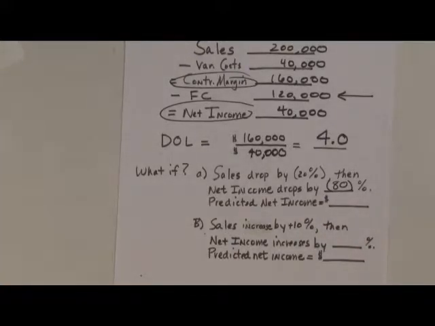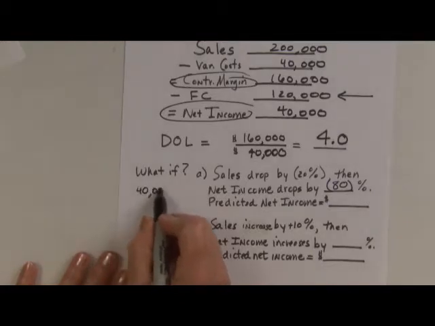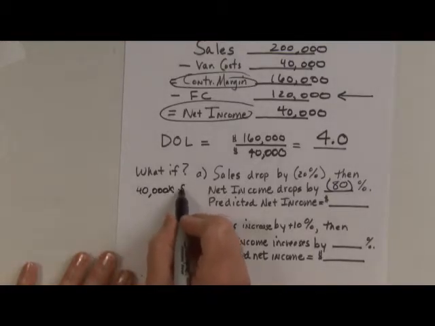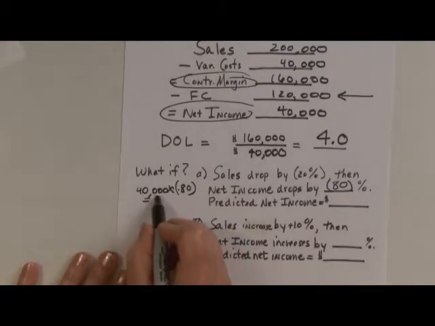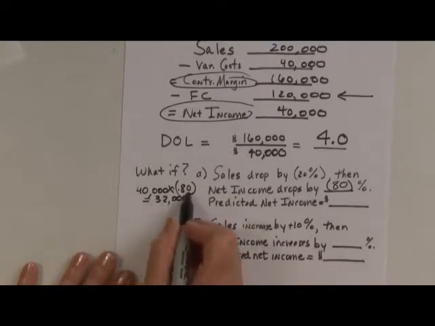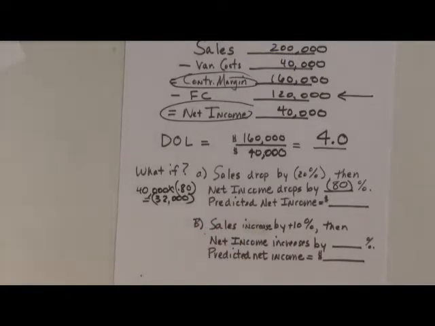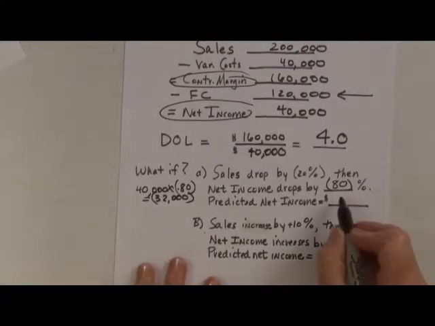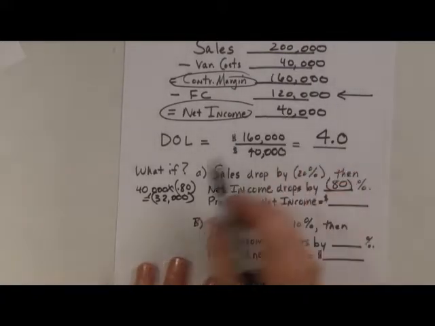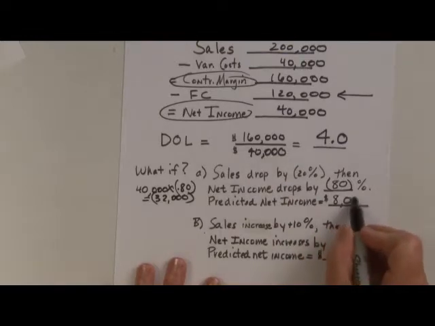Now, we're asked to predict net income, and we do not need the preparation of a statement to do that. Let's take 80% times 40,000. And this says that our net income is going to drop by $32,000, and this would make our predicted income 40 minus 32, $8,000.